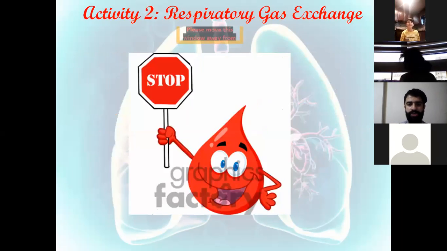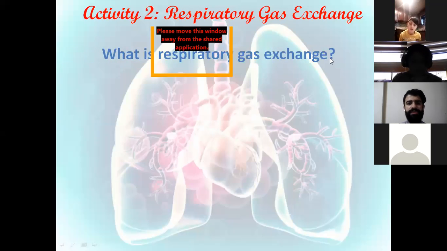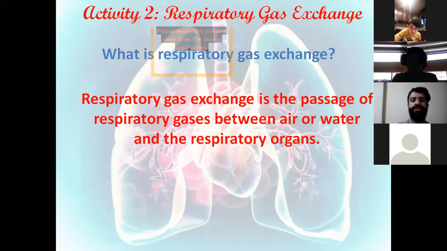So here, let's move to this. We are going to talk about the exchange of air. What is a respiratory gas exchange? It's the passage of respiratory gases between air or water and the respiratory organs. You have to know this definition.